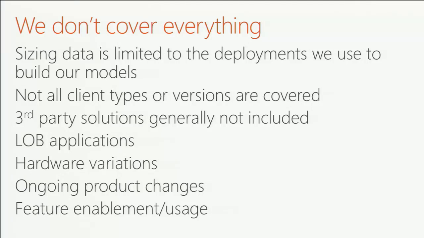And the answer there is really to test it, right? You can either test it in a lab or test it in production, depending on your ability to deal with that kind of activity happening in production. But you ramp up slowly, you monitor, you figure out what the impact is. That's the way that happens. There's no way for us to account for line of business applications within our sizing guidance. It's just not going to happen.